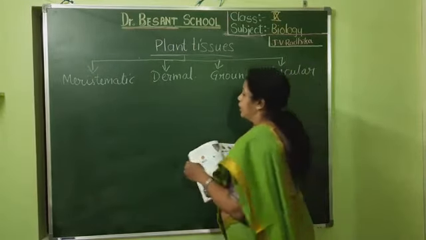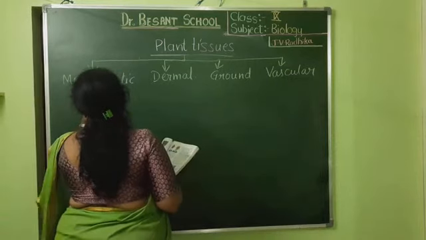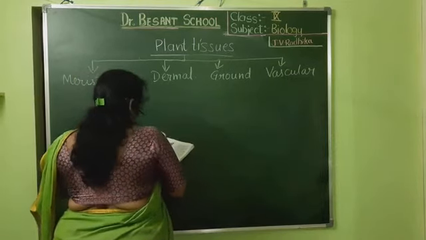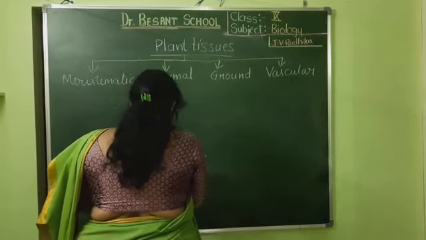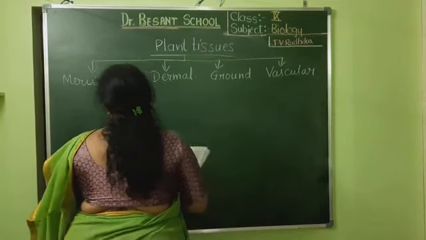Or else in this only I can give. In meristematic tissue I can give three types again: apical meristematic, lateral meristematic and intercalary meristematic.